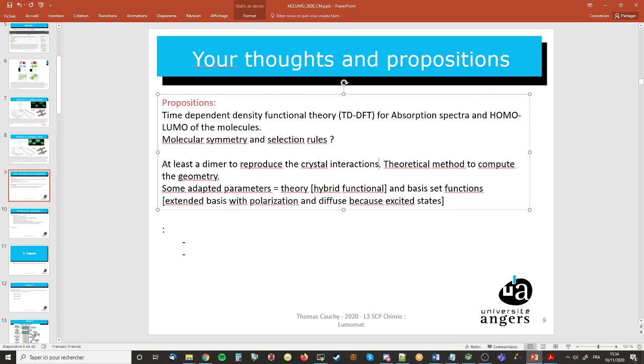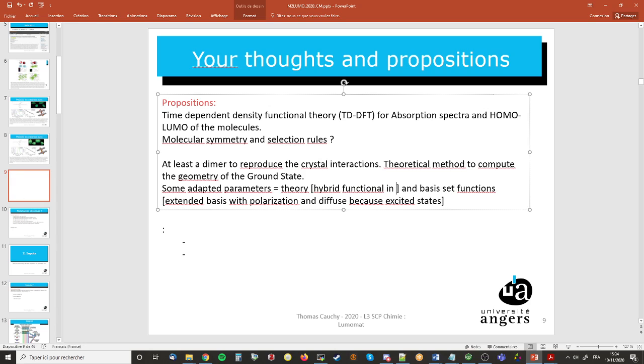Then a method, Gaussian, compute the geometry, and yeah, we optimized the geometry of those two molecules, to find the most stable, optimized in energy, geometry for both molecules, using DFT, for example.